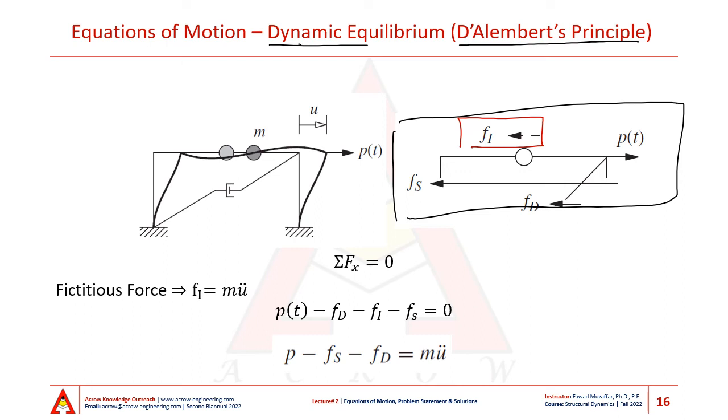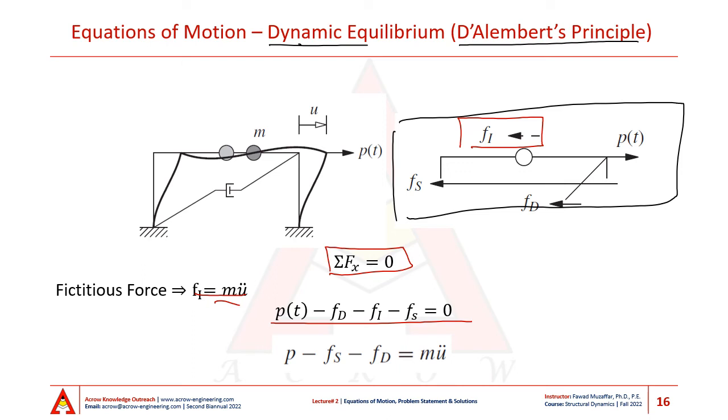So with this additional fictitious force, we resort to the equilibrium of all other forces at any time instant t in the direction of motion of the mass. When we write that with this fictitious force, we get this equation, which is P minus Fd minus Fi minus Fs is equal to 0.